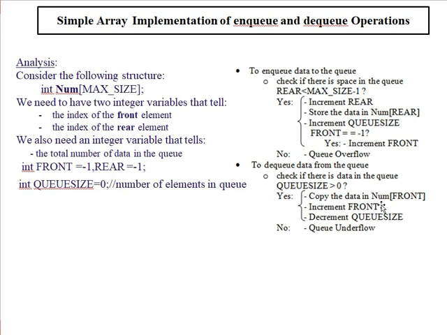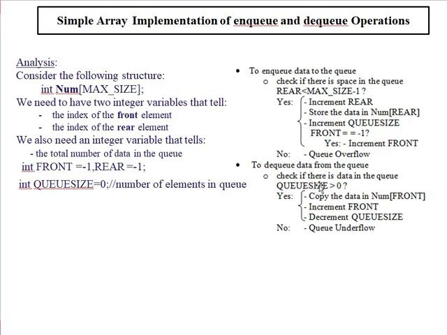So the next operation is the dequeue operation, and this is an operation to remove data from the queue. So we should check if there is data in the queue. To check whether there is data in the queue, we can simply check whether queue size is greater than 0, because we said that this queue size is indicating the number of elements.